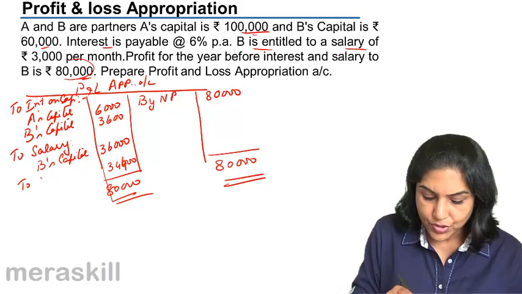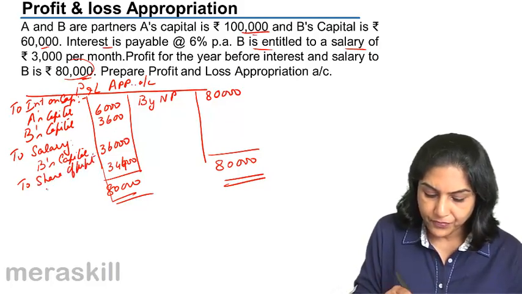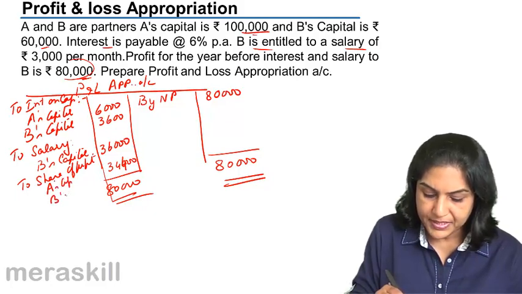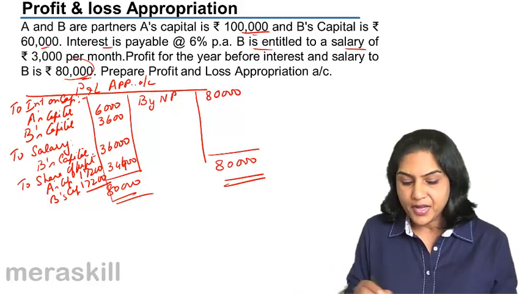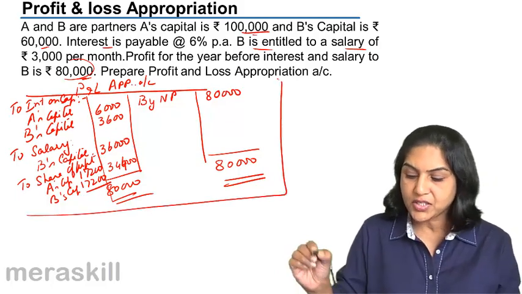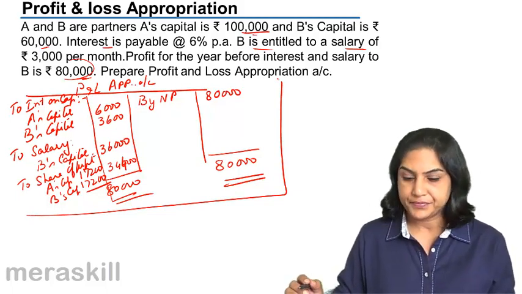So to share of profit, A and B. A's capital, B's capital would be, let us say, 17,200 and 17,200. 34,400. This is how a profit and loss appropriation account would be made.